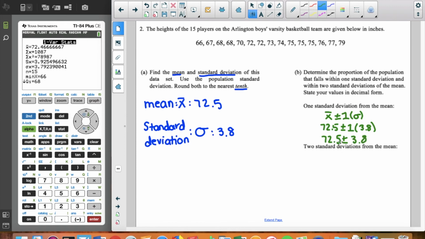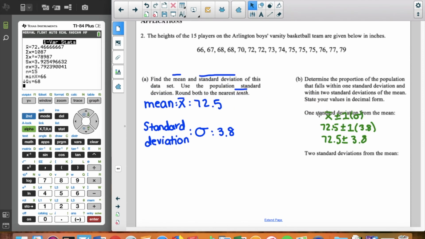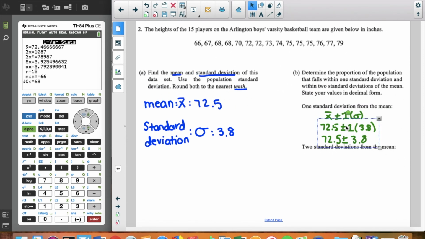Now you might sometimes even see the answer like this, so that's why I wanted to show this to you. Now, let's actually get the range here.